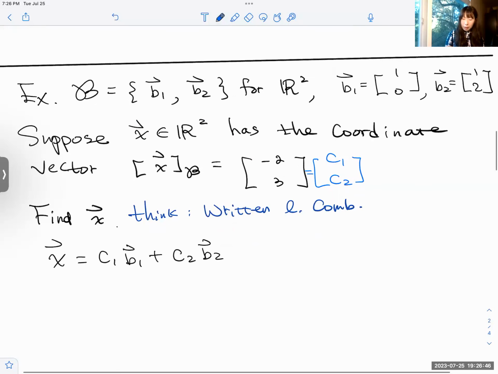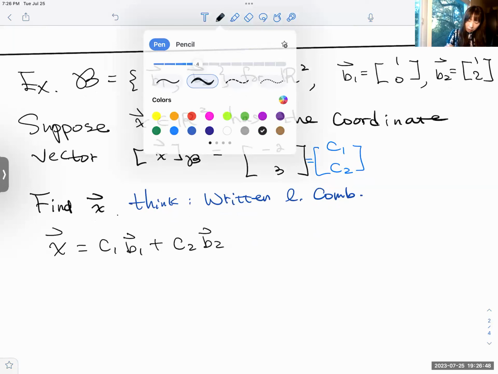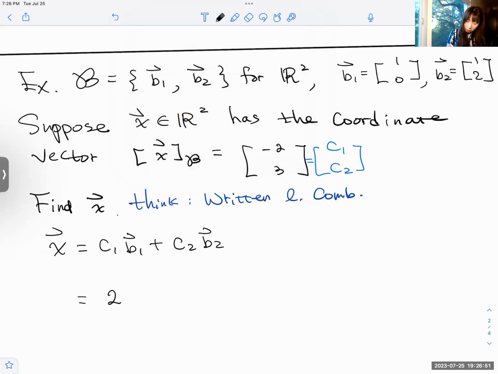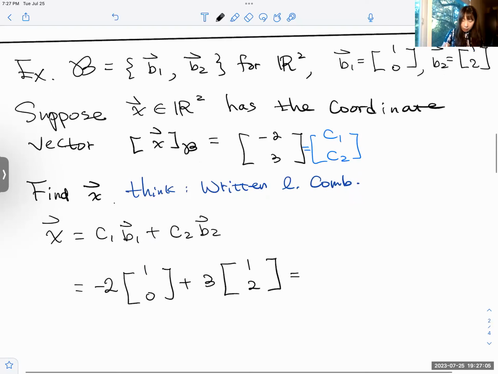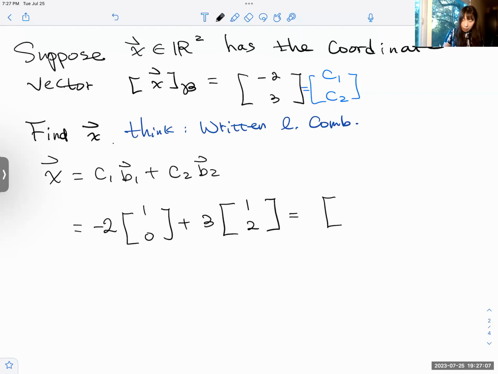That is -2 times b sub 1, which is 1, 0, plus 3 times b sub 2, which is 1, 2. So we have -2 plus 3 and 0 plus 6. So we get 1 and 6.